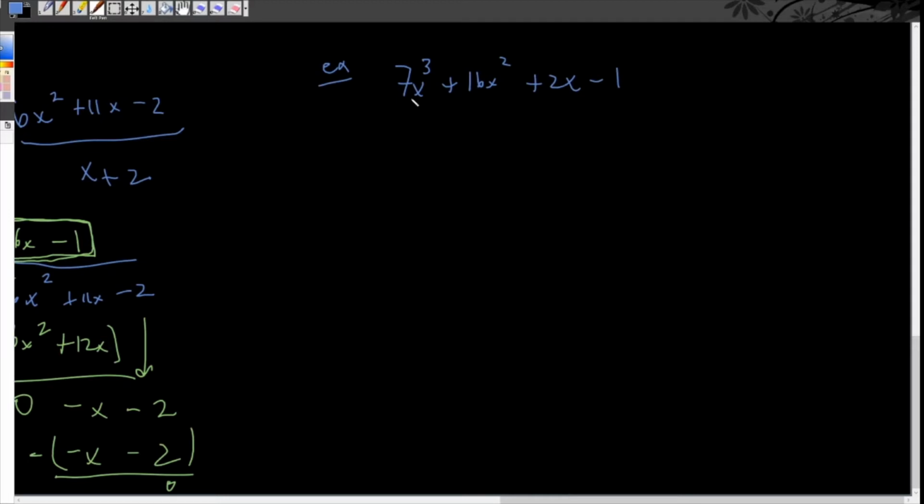Notice this is different. Earlier it just went to x squared, but this isn't bad, I promise. Divide by x plus 4. So let me write it properly. 7x cubed plus 16x squared plus 2x minus 1, divided by x plus 4.